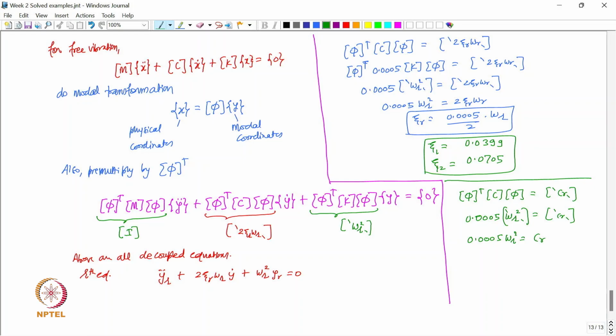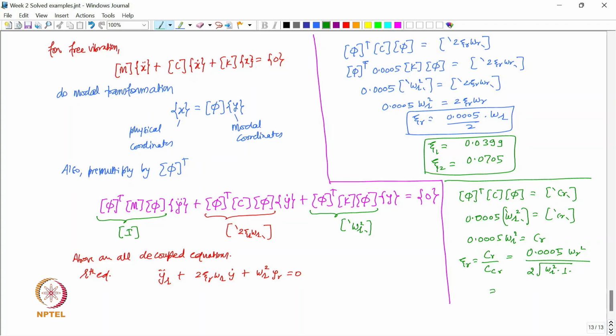Now, what is Cr? It is the modal viscous damping coefficient for the rth mode. So, now this gives me Cr, and then the damping factor is Cr upon the critical value of the damping coefficient for the rth mode, which would be equal to 2 under root Kr, where Kr is nothing but omega r square and Mr is 1.